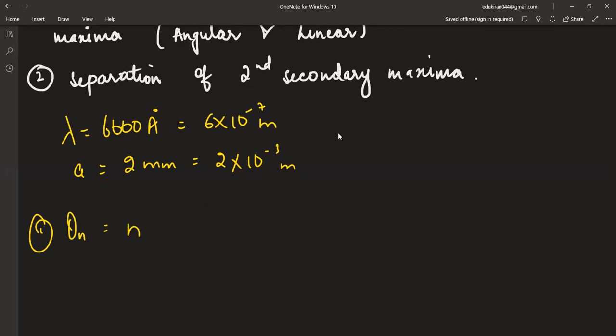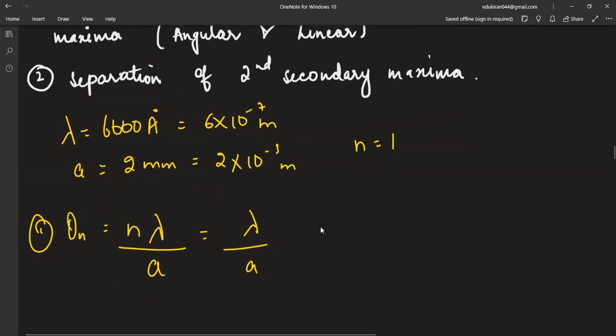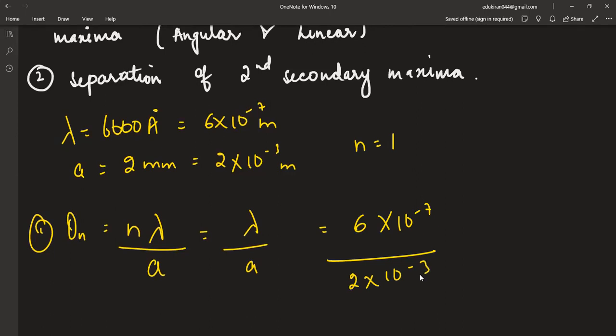When we are calculating the angular separation, this is n lambda divided by a, which is equal to lambda by a, because n is equal to 1 in the first part. So lambda is 6 into 10 to the power minus 7, a is 2 into 10 to the power minus 3, which is equal to 3 into 10 to the power minus 4 radians.